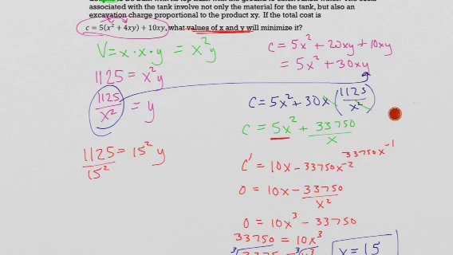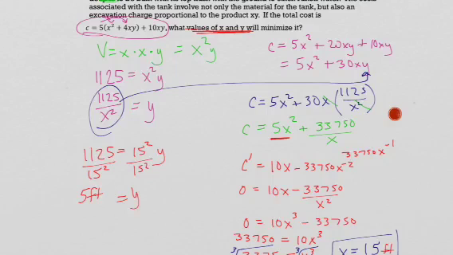Divide by 15 squared. y is going to equal 5 feet. And don't forget to label your values. So the minimum is going to happen when the base x is 15 and the height y is 5. That's going to give me the cheapest tank to produce.